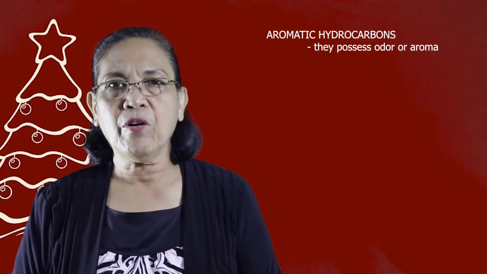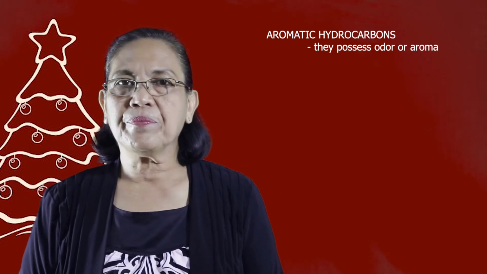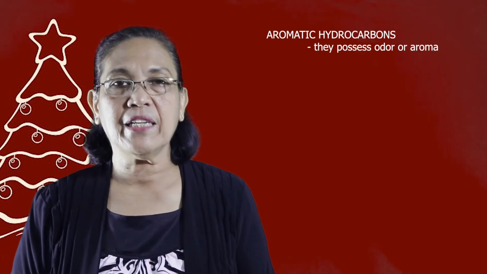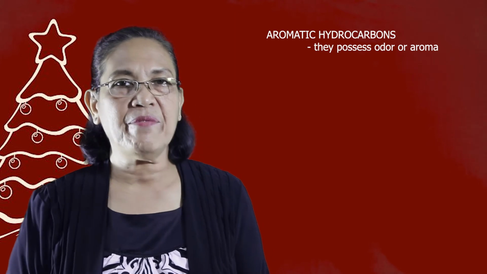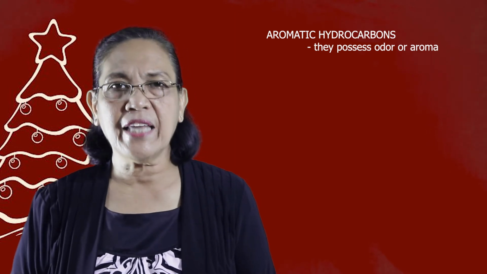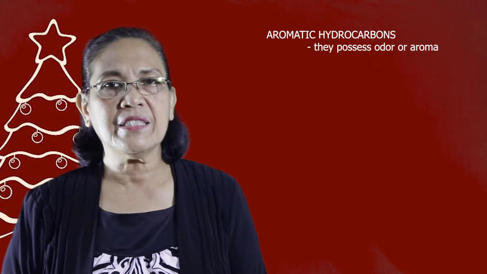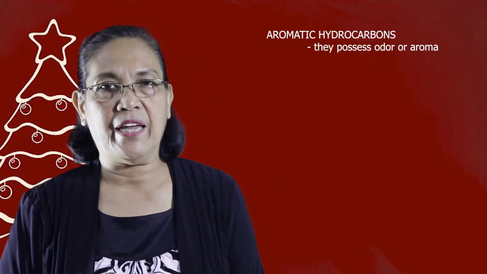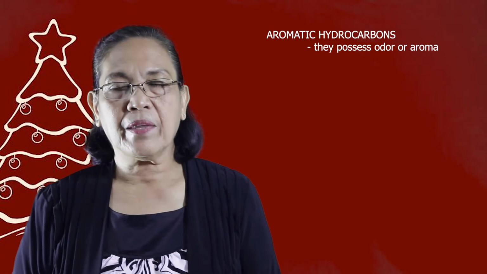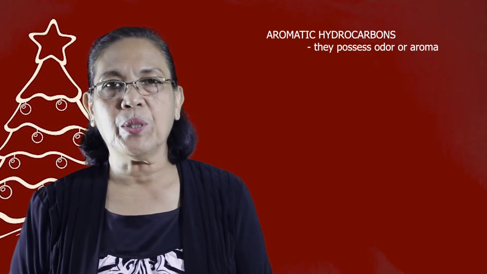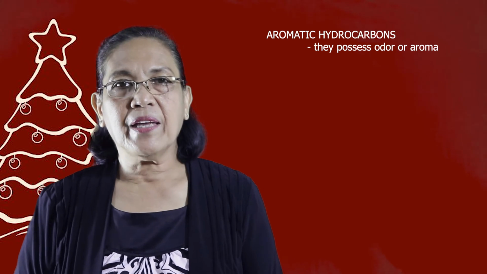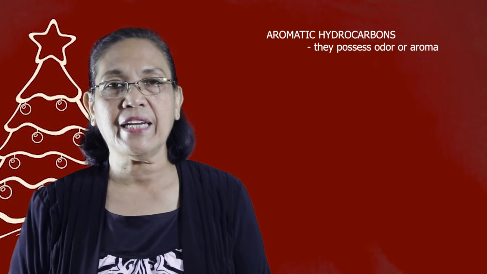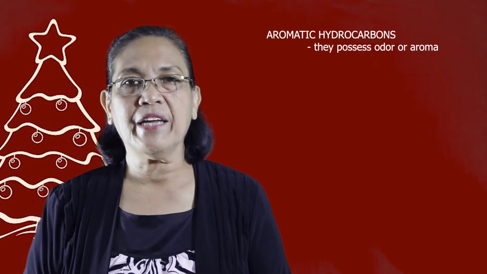cyclohexatriene. This is actually what we call benzene. If we recall the structure of the first member of the aromatic hydrocarbons, which is benzene, this is actually that of the 1,3,5-cyclohexatriene. According to Kekule, when he proved the structure of benzene, you have these pi bonds, or double bonds, in the cyclic structure of the hexatriene.